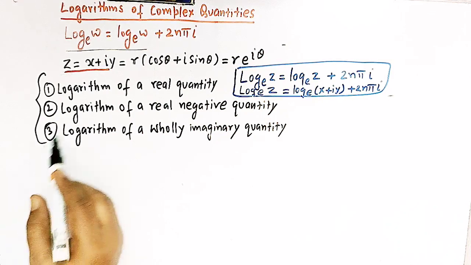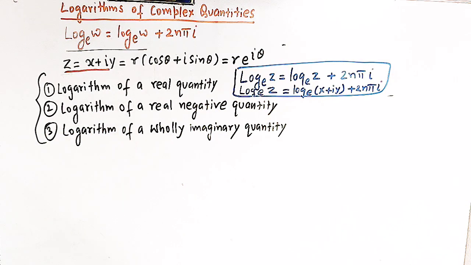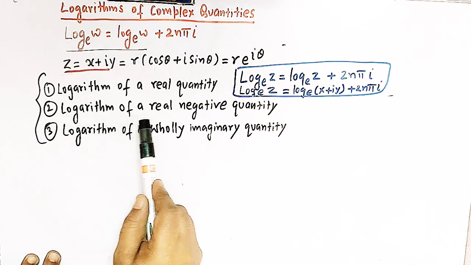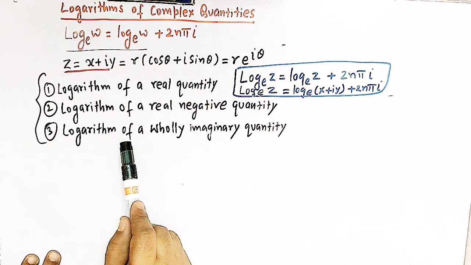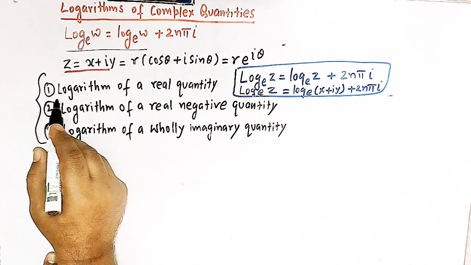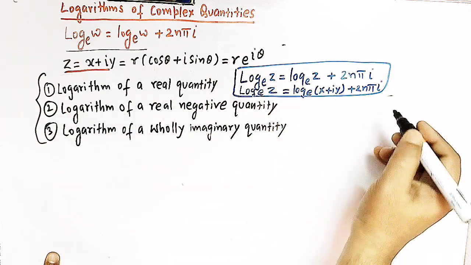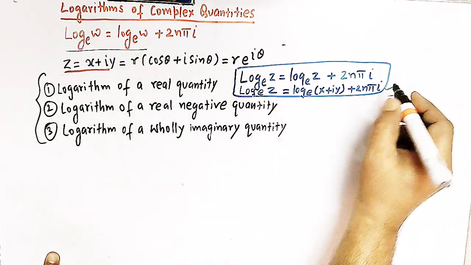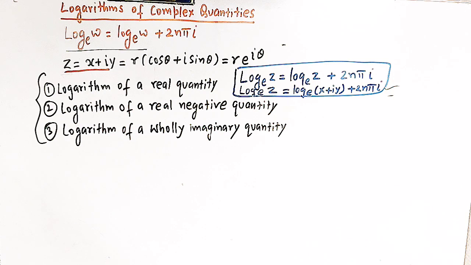So now consider three cases. The first one is the logarithm of a real quantity. The second one is the logarithm of a real negative quantity, and the third one is the logarithm of a wholly or purely imaginary quantity, right? So let us first consider case one. Here we'll again make use of this result to discuss these three cases.